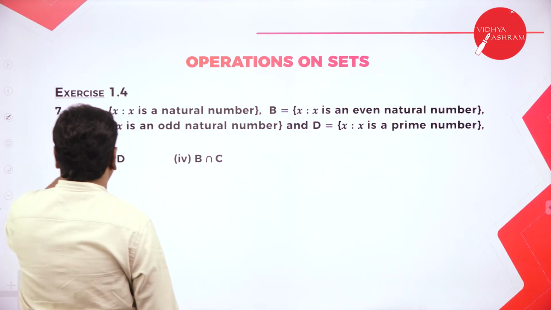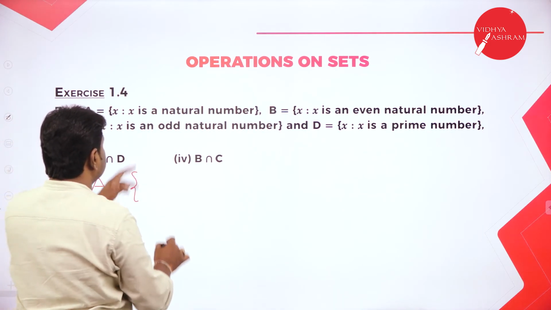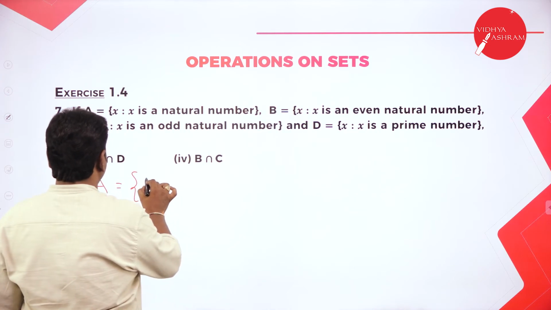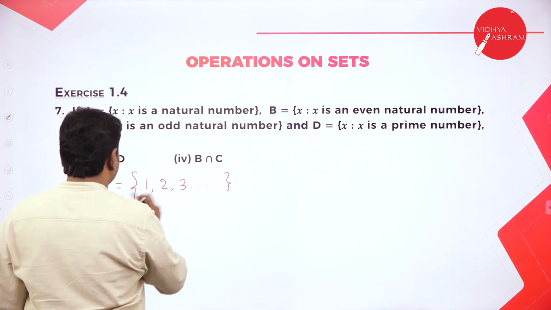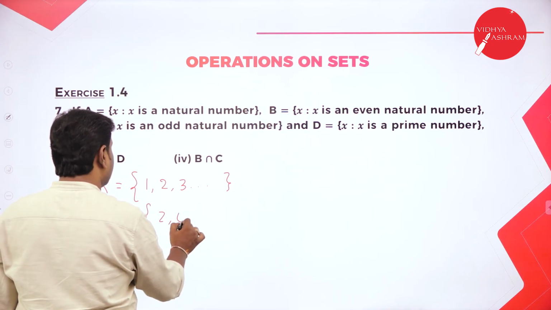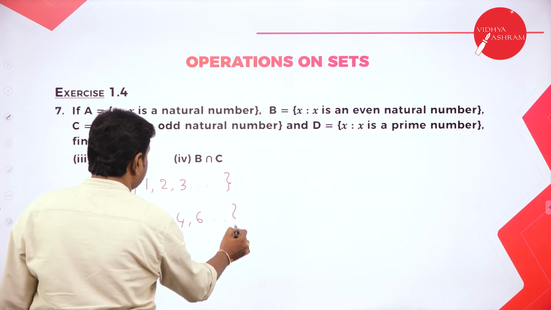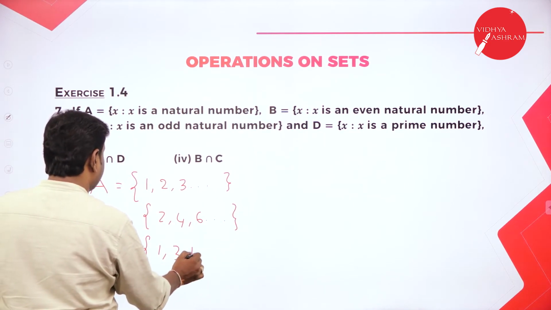Next, the 7th one. They gave A: X such that X is a natural number, that is 1, 2, 3, and so on. B is even natural numbers, that is 2, 4, 6, and so on. C is odd natural numbers, that is 1, 3, 5, and so on.